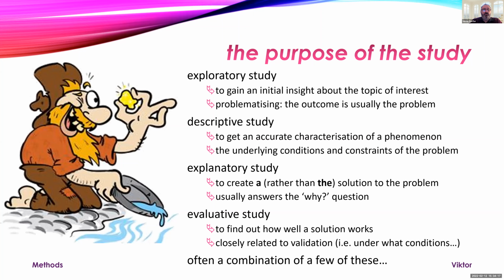So finally, you have the last type of study, which is evaluative, which means that you have already obtained the solution, then you judge how well it works, under which conditions it works. So there is this whole process that we will talk about later called validation. So for example, here is the solution, under which conditions does it work?